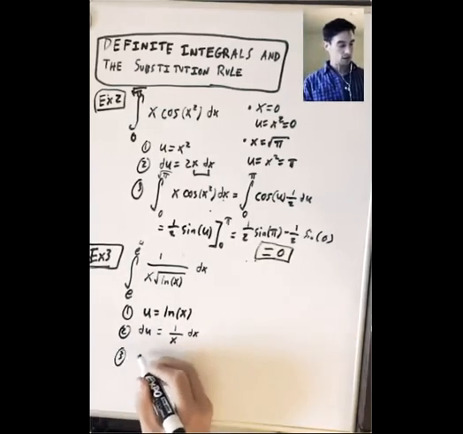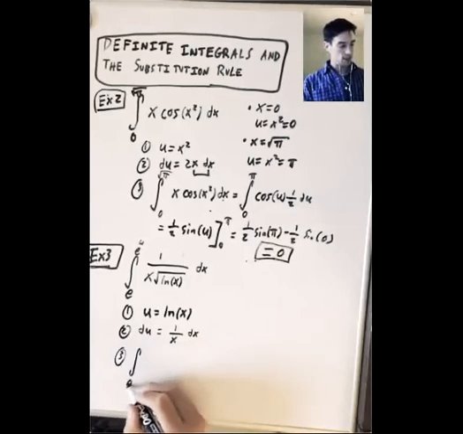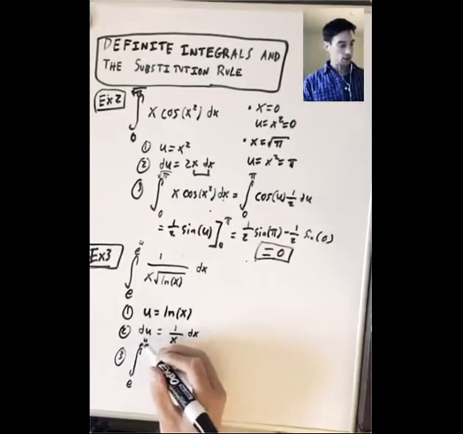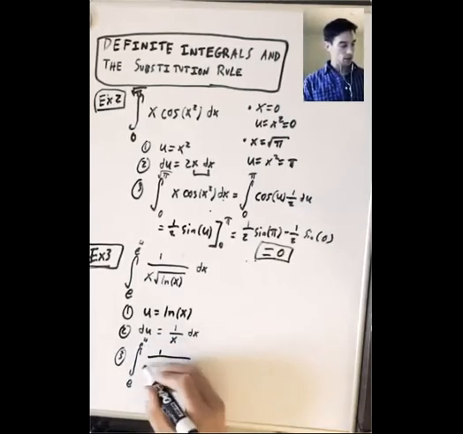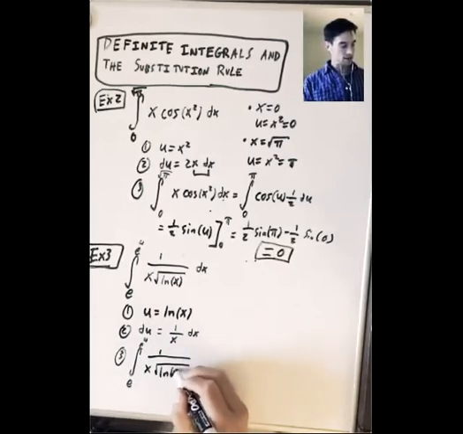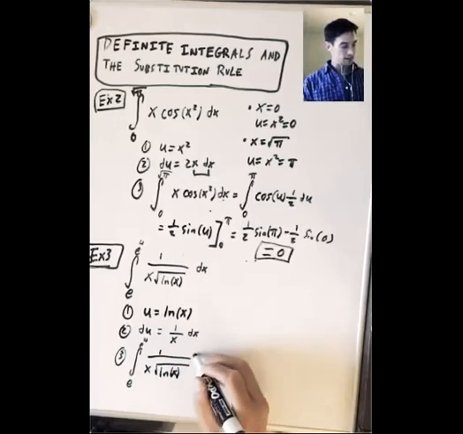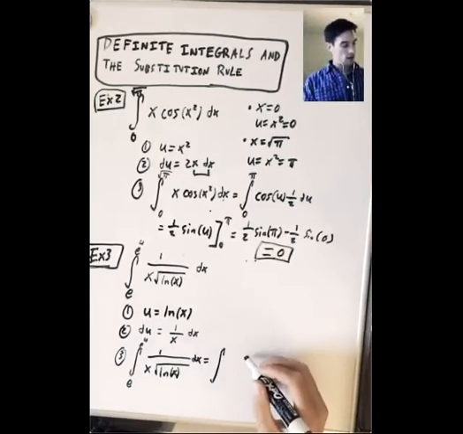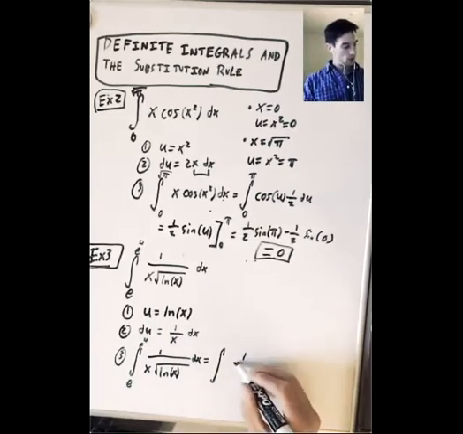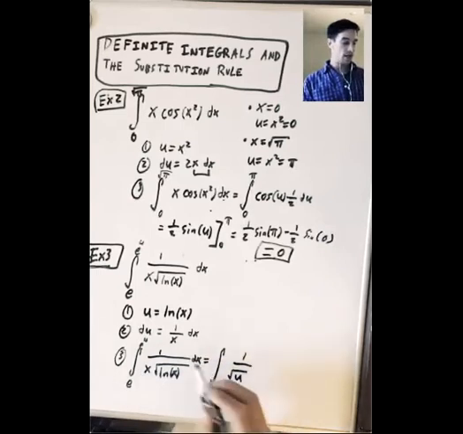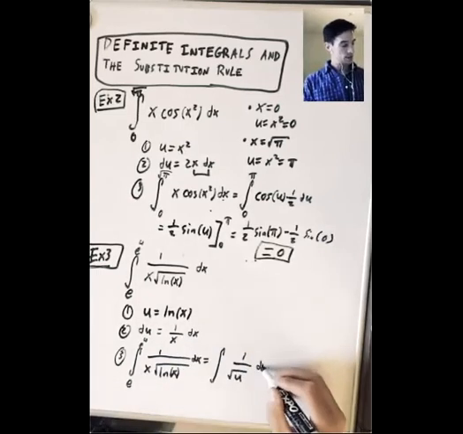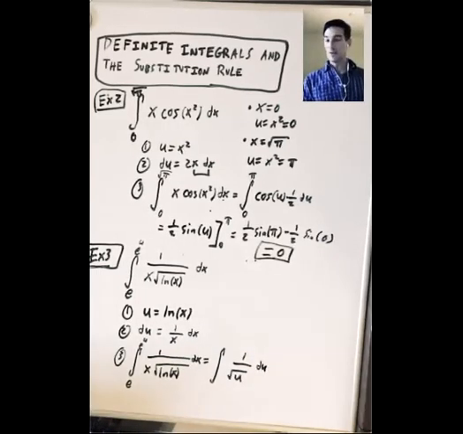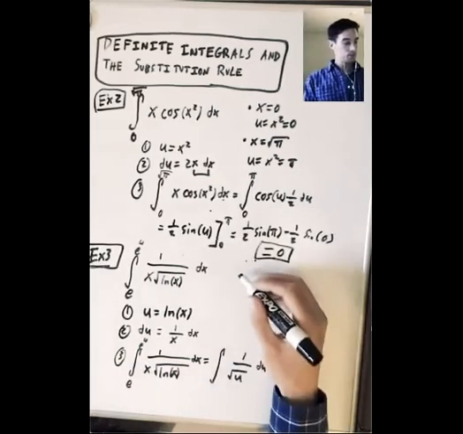So now our integral from e to e to the 4th of 1 over x square root natural log of x dx is equal to the integral of 1 over square root of u times 1 over x dx. That is du. And we have to do this thing where we adjust the endpoints.